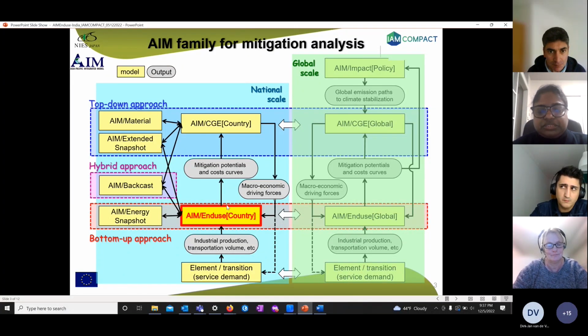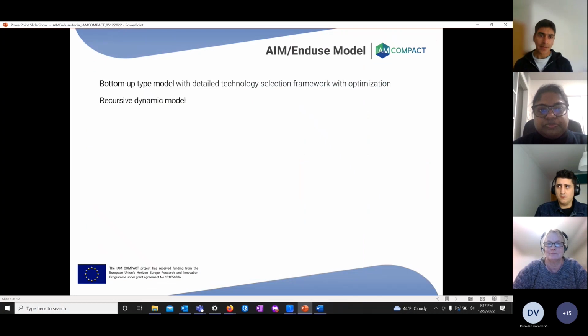And this is a national scale model which can then feed into the global scale models. We have the AIM Enduse global model, the CGE model, and the impact model that is being used at NIES, Japan currently. What I will be presenting on is the AIM Enduse country model, India model that we have developed in the past 5, 6 years.